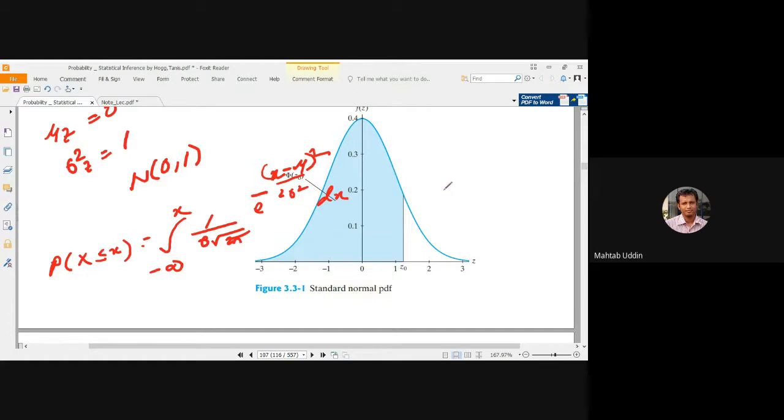Then we consider z equal to (x minus mu) by sigma, then dz equals dx by sigma. The limit will remain the same. Then it will come to the integral from minus infinity to z, but we should take any dummy variable, say w.